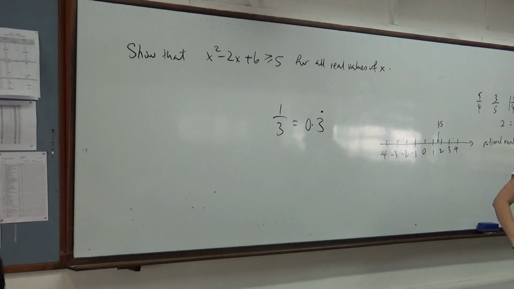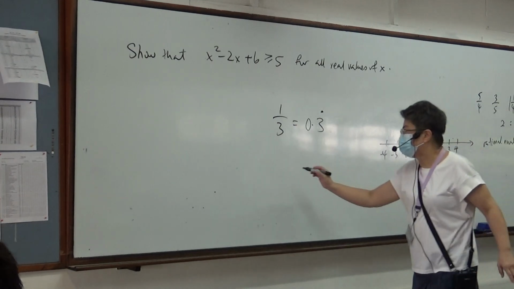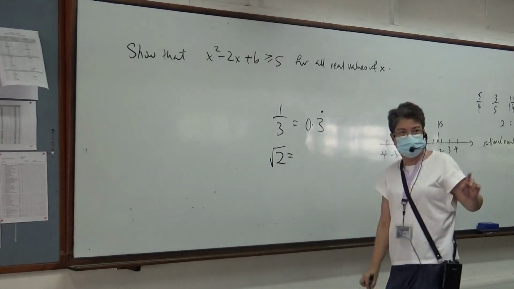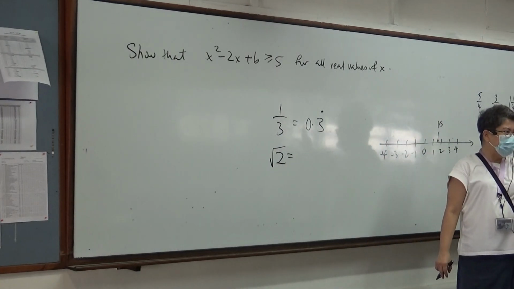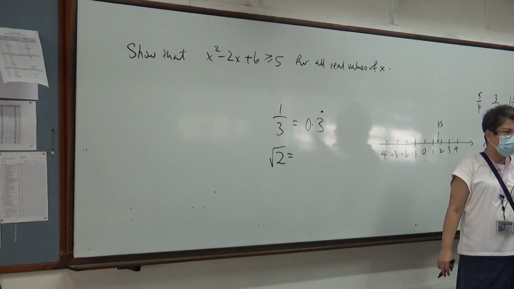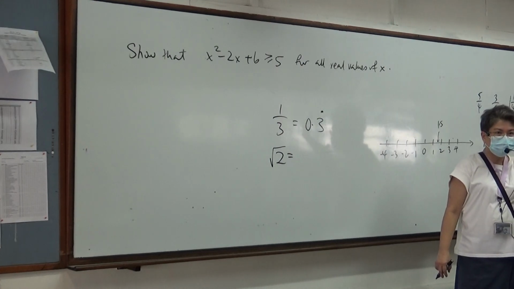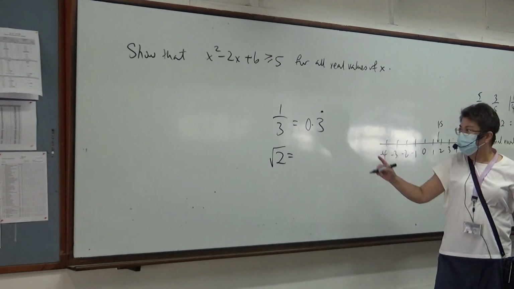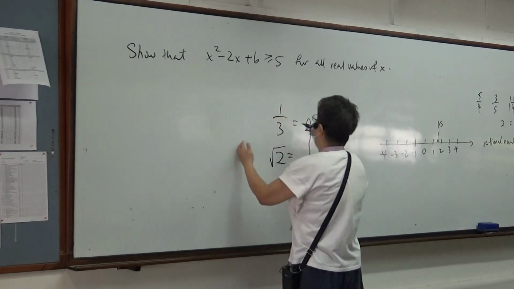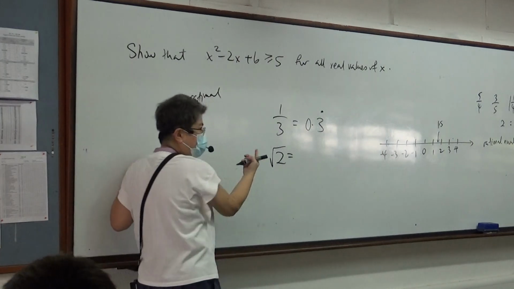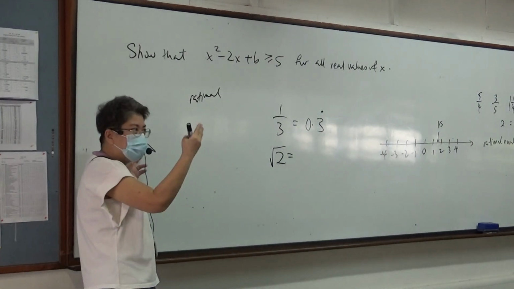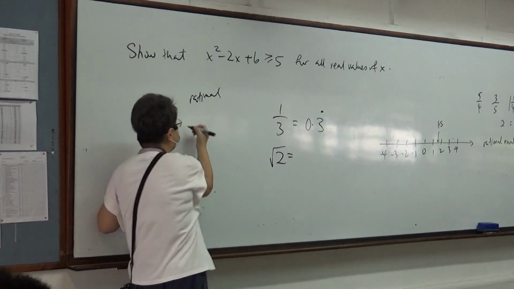There will also be situations where you key it into the calculator and it never repeats. The decimal will never repeat. Correct? So those that can be written as a fraction are called rational numbers. Those that cannot be written as a fraction, that means the decimal never repeats, are called what?